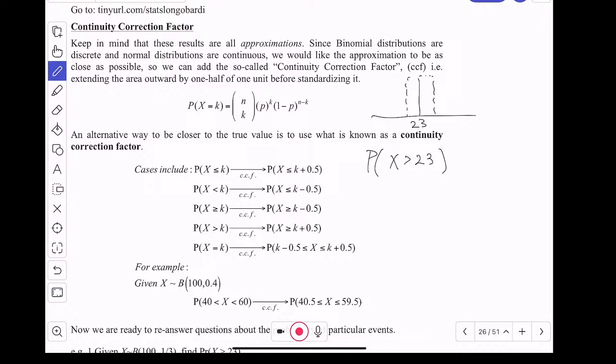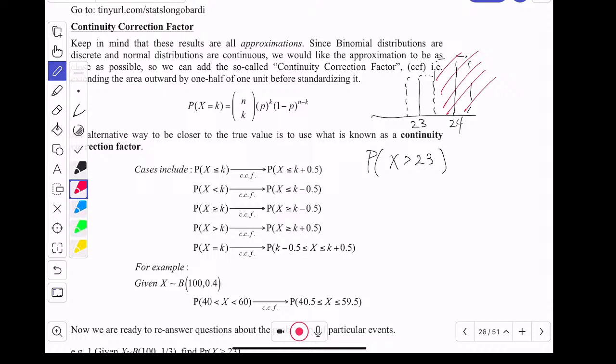So if x is greater than 23, it means that I want to account for the 23 density all as one and calculate after 24, like with the 24 bar after the 23rd.